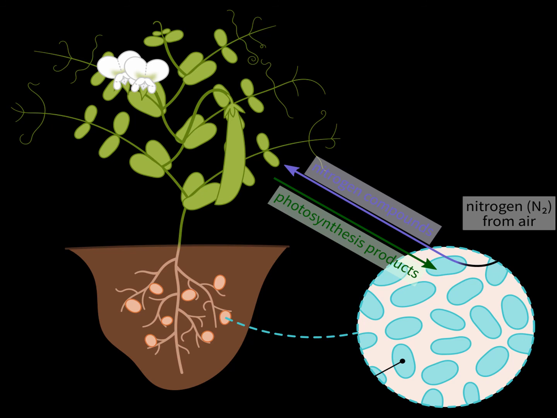Prokaryotes that fix nitrogen, called nitrogen fixers, include both free-living bacteria and those that form symbiotic associations with plants, as mentioned a while ago.